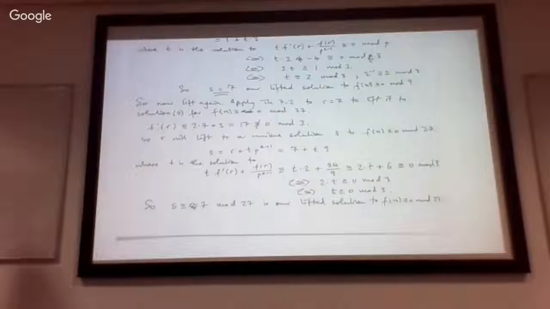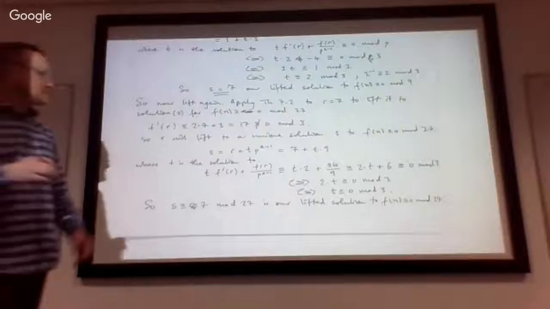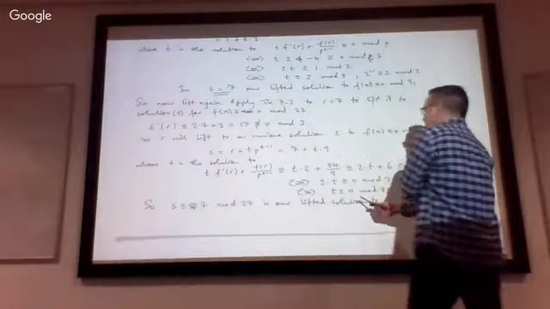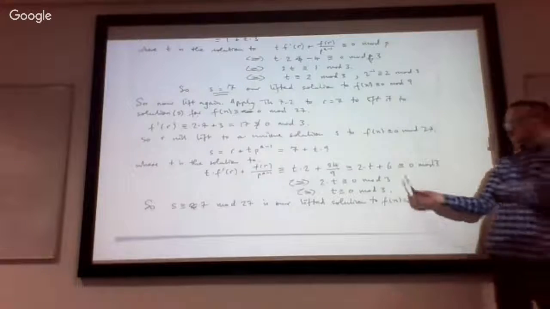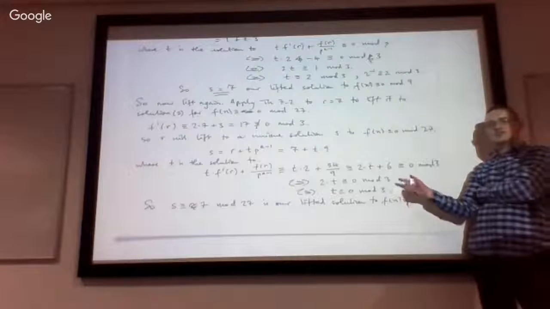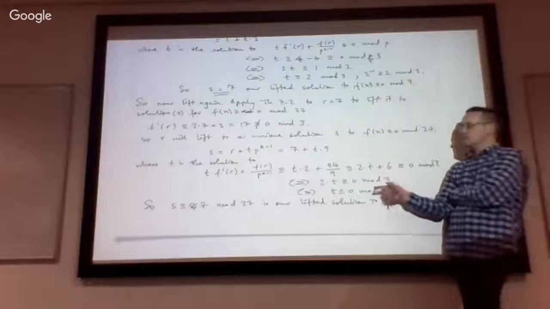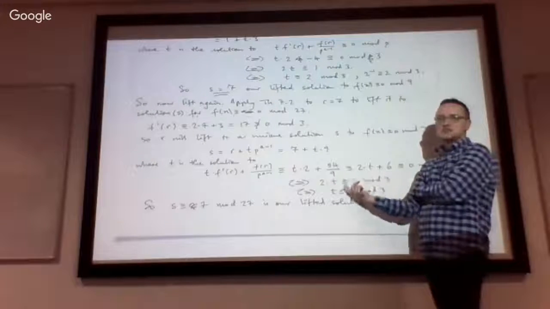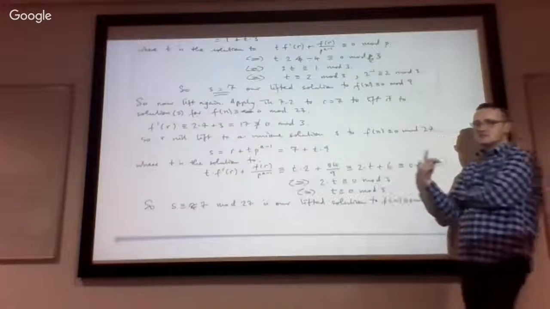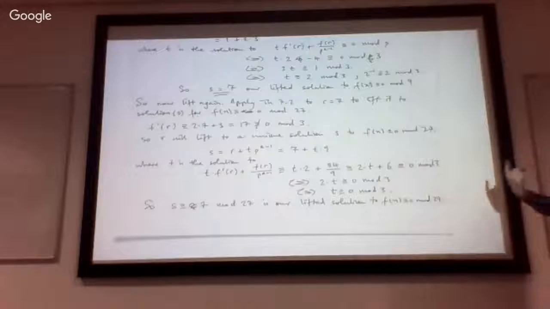You said 6 is 0. Why is the t 0? Well, because it's the solution to 2 times t congruent to 0 mod 3. And there's only 3 candidate solutions, 0, 1, or 2. If it's 0, you get 0. If it's 1, 2t is 2. And if it's 2, 2 times t is 4, which is 1 mod 3.